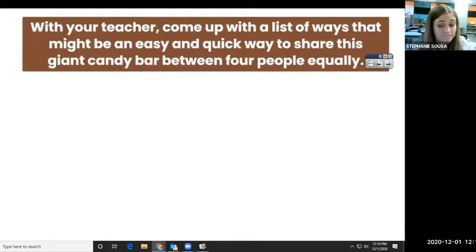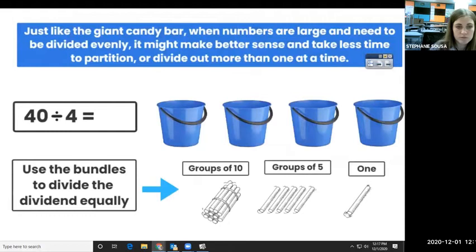And that's kind of our concept today with partitioning, is to take larger chunks of our number, of our dividend, to break it off to share equally, rather than just one piece at a time. So let's see what that looks like.